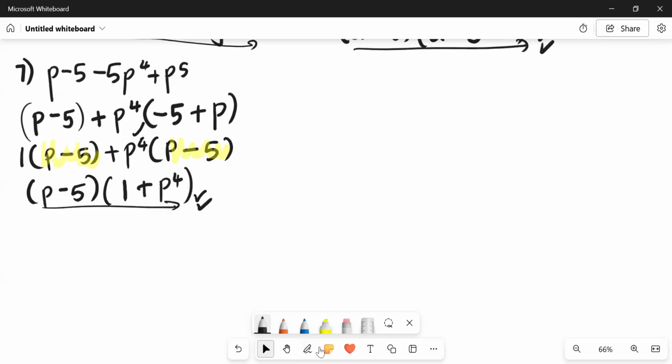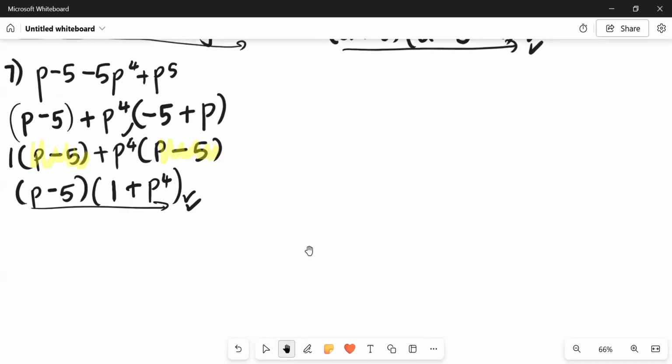Now let's move to example 8, which is our last example for factorizing by grouping. So you have a 2 minus x there, minus 2 x squared plus x cubed.